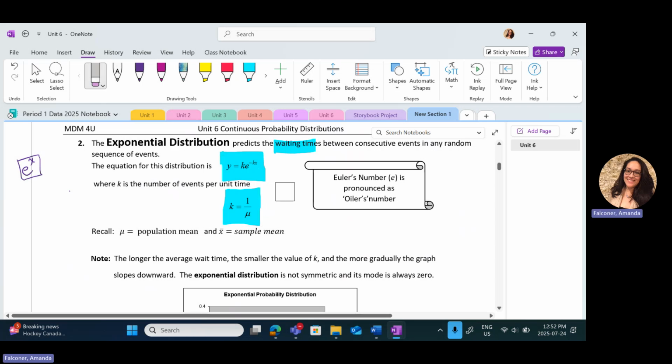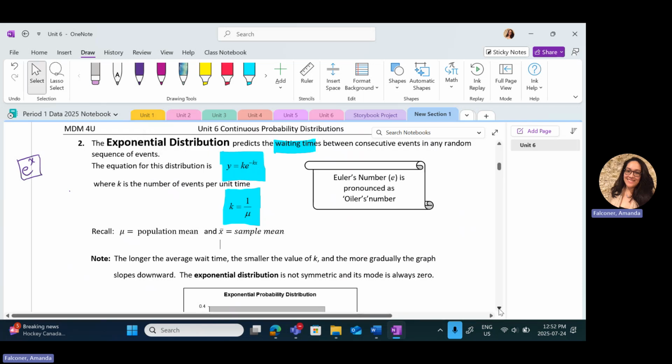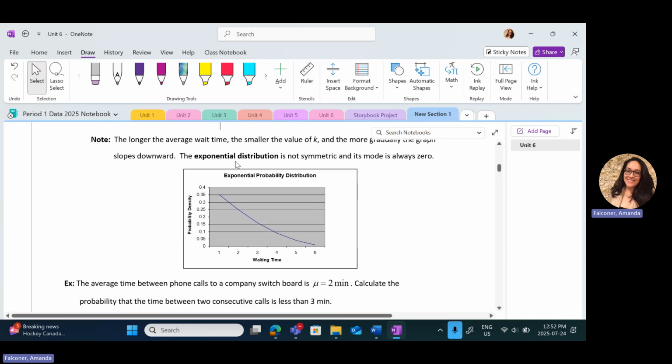Okay, so here are the two formulas that we're going to use. And it says right here, recall mu is the population mean and x bar is the sample mean. So we're using the population mean. Whatever mean they give us, we're going to stick in there. So note, the longer the average wait time, the smaller the value of k, and the more gradually the graph slopes downwards.